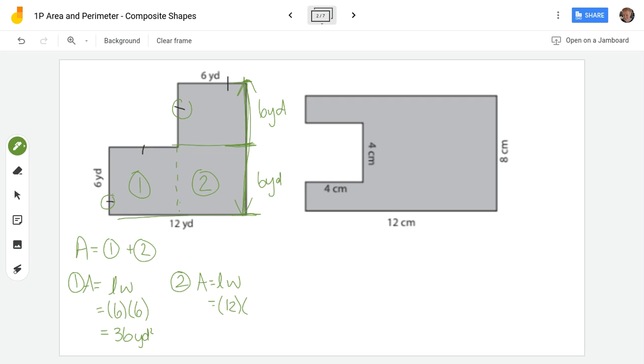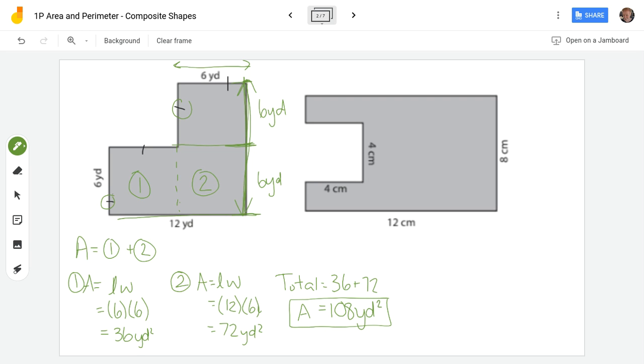And then the width is from here to here, so that is also 6 yards. Then 6 times 12 will give us the area, and that is 72 square yards. So then for the total, you would add up 36 plus 72, and you would get a total of 108 square yards.